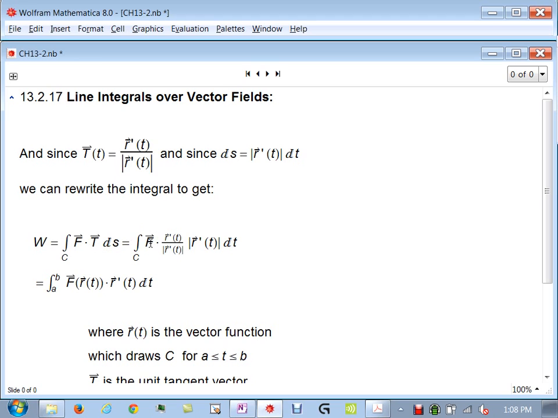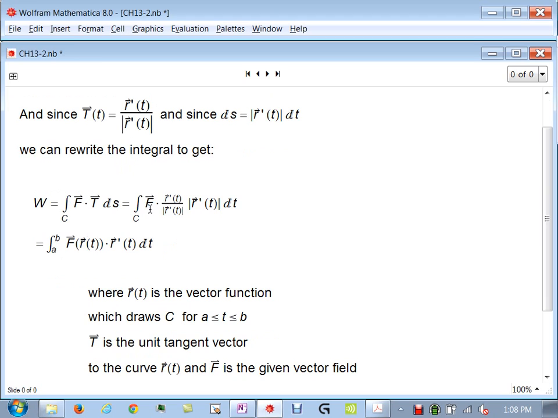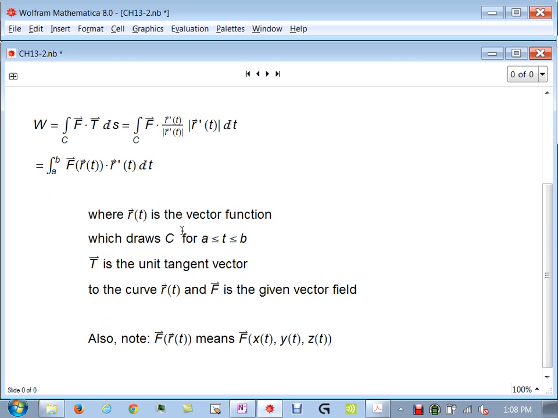The F is just F, T is r prime over its magnitude, and ds, we just said, was r prime magnitude dt. These r prime magnitudes cancel, don't they? And if they cancel, what you should be left with is F dot r prime of t, dt at the end. But instead of F, I put F of r of t dot r prime of t dt.